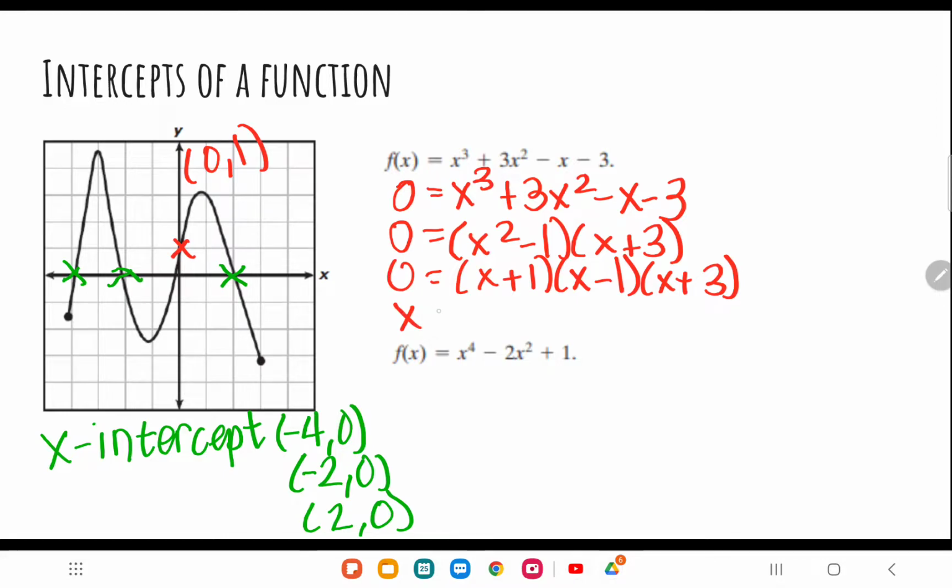This yields x-intercepts at -1, at +1, and at -3. Those would be the real zeros of this function. Additionally, when we substitute 0 in for x, we can determine that the y-intercept of this function would be at (0, -3).